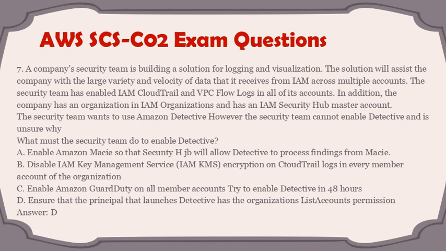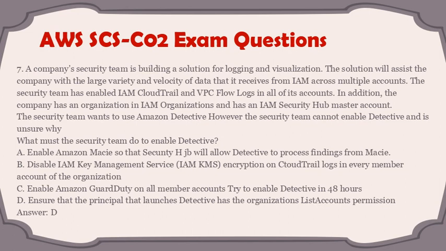In addition, the company has an organization in AWS Organizations and has an AWS Security Hub master account. The security team wants to use Amazon Detective, however the security team cannot enable Detective and is unsure why. What must the security team do to enable Detective?